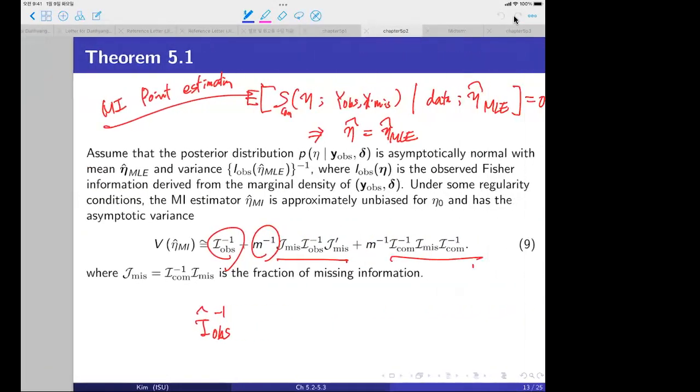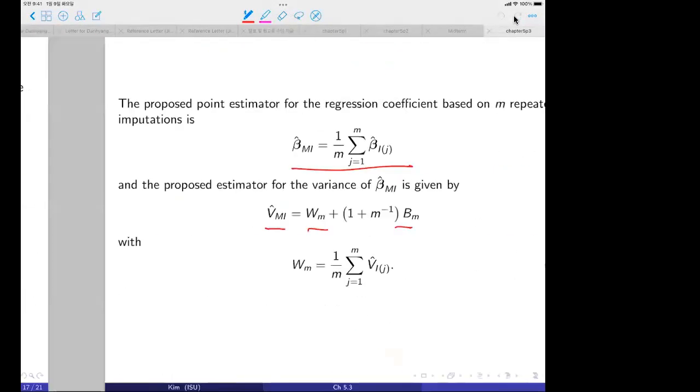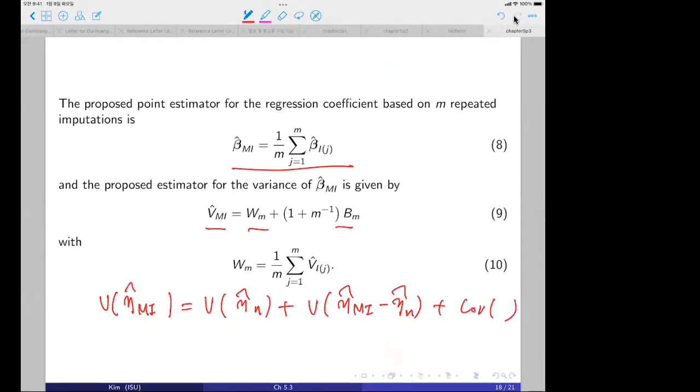So when I talk about the orthogonality, the covariance is 0 if we use eta MLE on the complete response. It's really confusing, so I should have a subscript n to emphasize that.